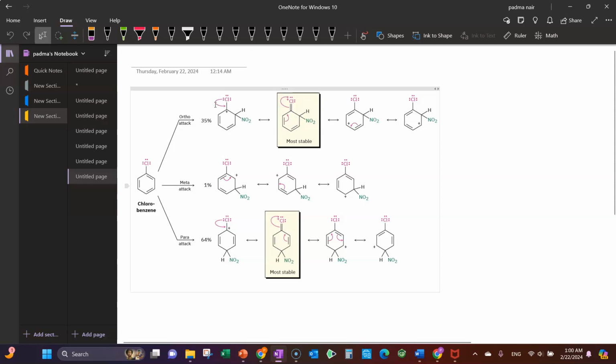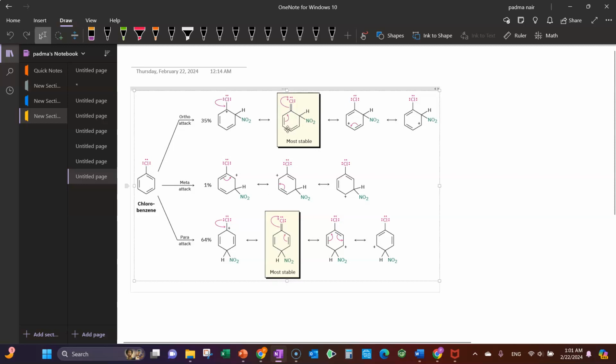Okay, so for example, it can form a double bond here, and we can look at a structure where you see that we have an extra structure out of the different resonance structures which stabilizes the molecule. Okay, same thing with para.